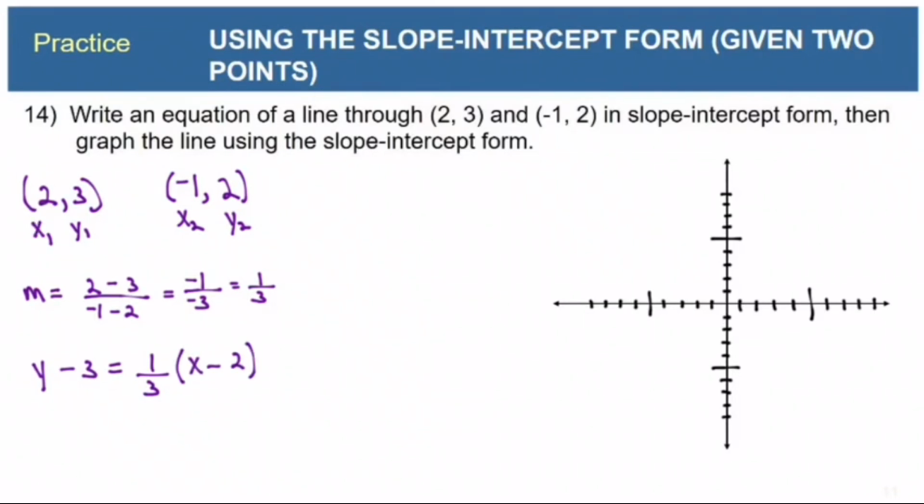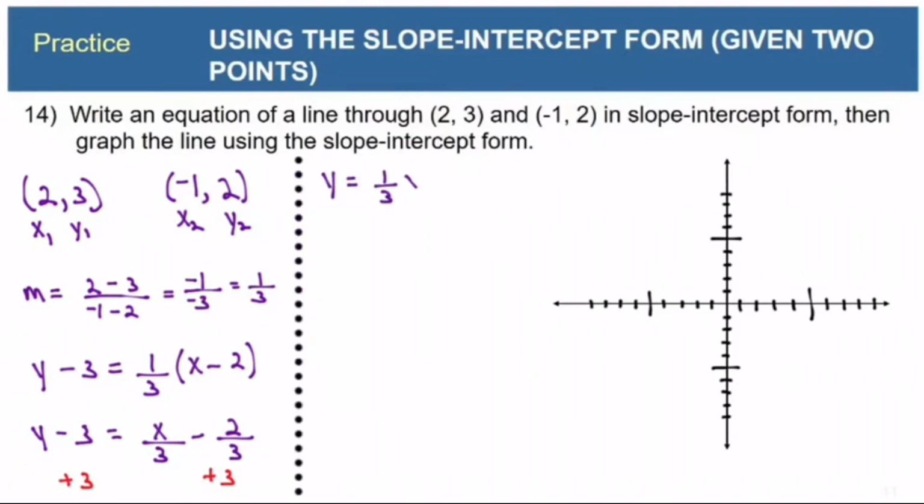And now since we want the line in slope-intercept form, I'm going to go ahead and distribute the 1/3. And now I'm going to add 3 to both sides. And I'll need to add negative 2/3 plus 3. Now 3, when you get a common denominator, is 9/3. So negative 2/3 plus 9/3 is 7/3.